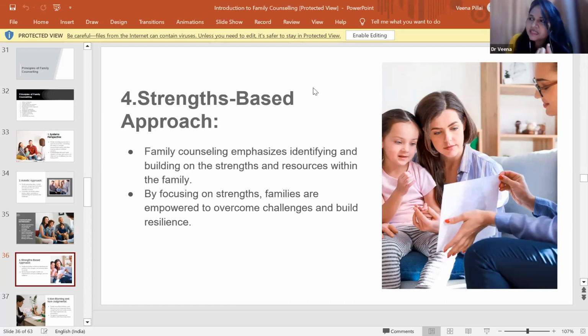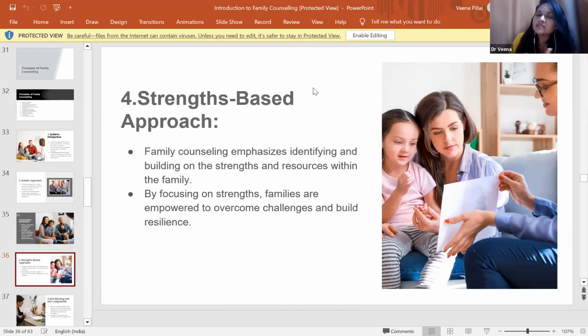So if ever there is any crisis in the family, they can find out what the strengths of the family members are, and how they can cope with this crisis. So what would be the best coping strategy to overcome the crisis?